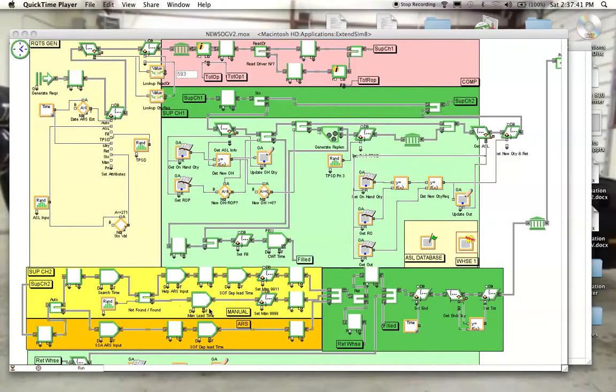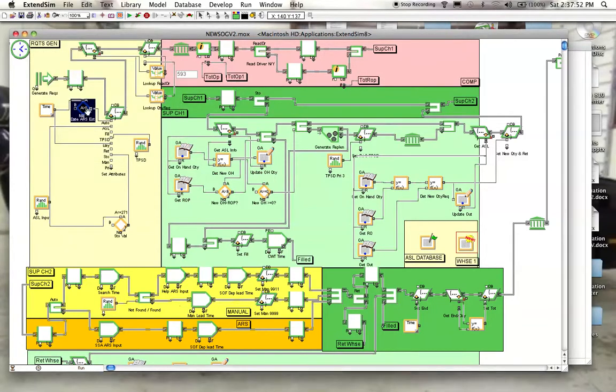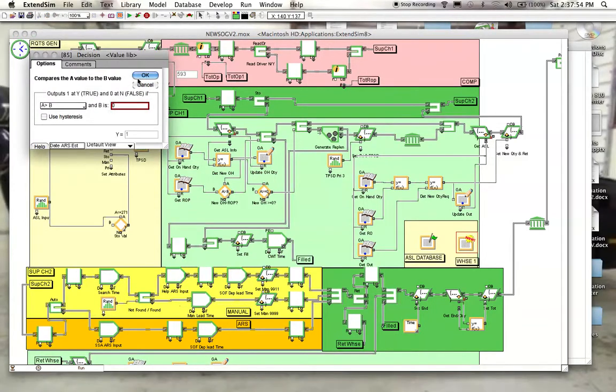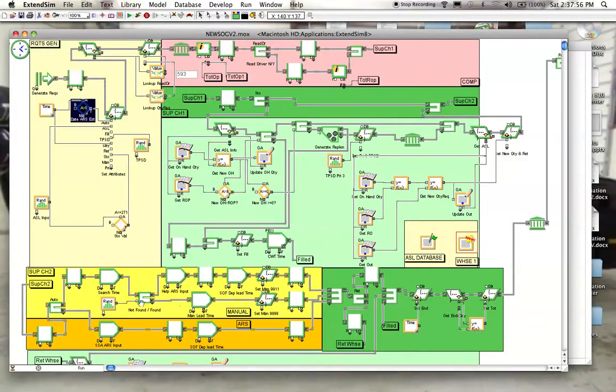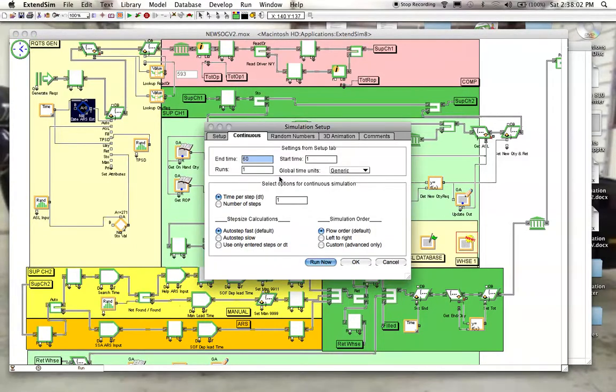My next step would be to do some runs with a pure manual and a pure automated model. So I would set this, for example, to 0. That's going to be a pure automated model and simulation time of 60.